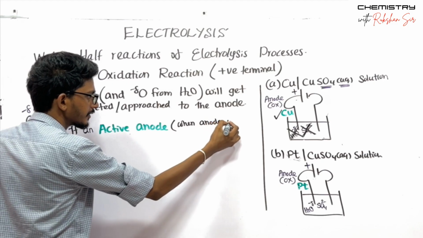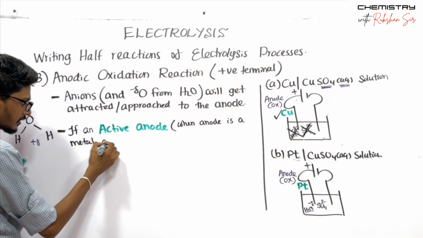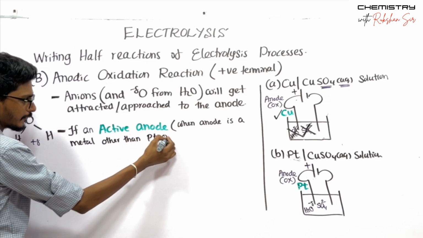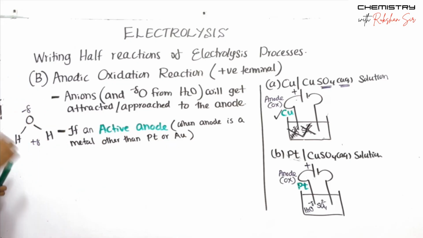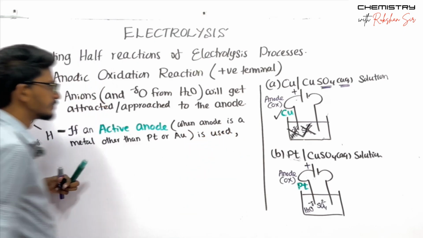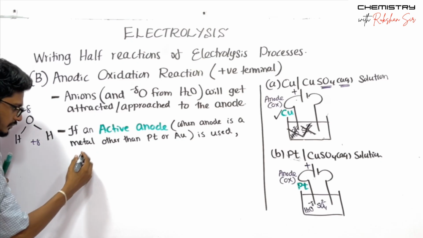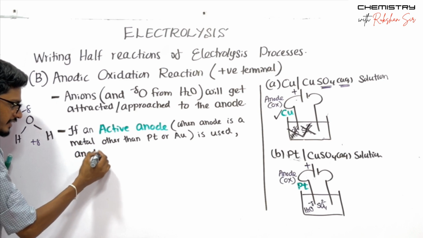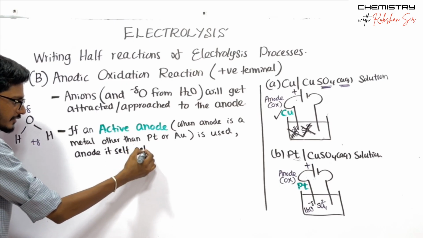A metal other than platinum or gold is used as the anode, then the anode itself gets oxidized.